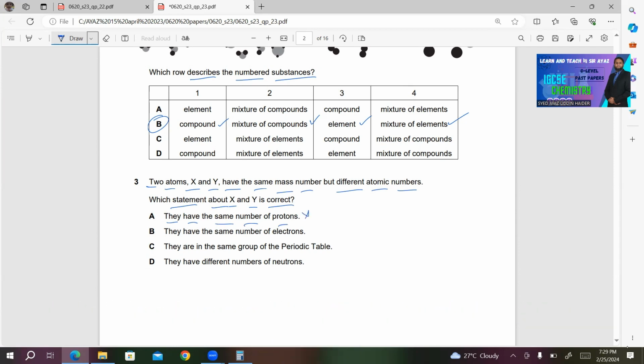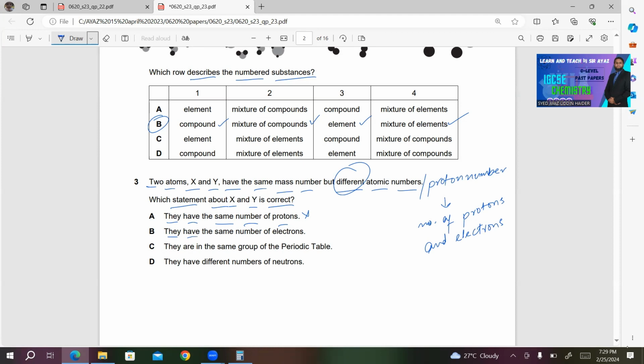The reason is that they have different atomic numbers. Atomic number is also proton number, and you can work out the number of protons and electrons if you know the atomic number. So choice A is incorrect. They can't have the same number of protons.